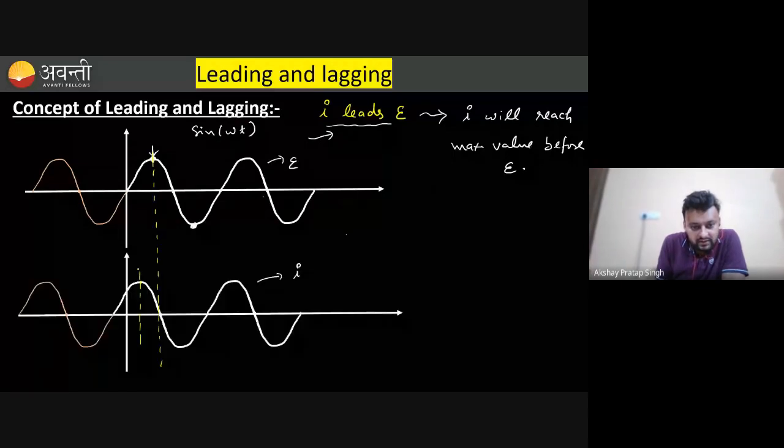If this is T1, this is T2, then you clearly see that current is reaching maximum before the EMF.